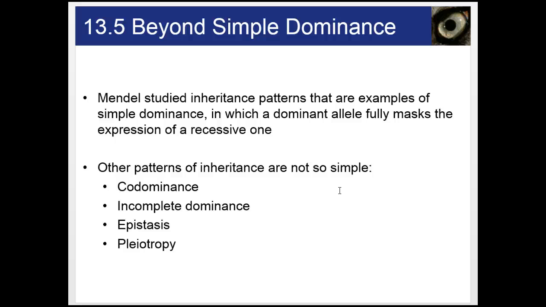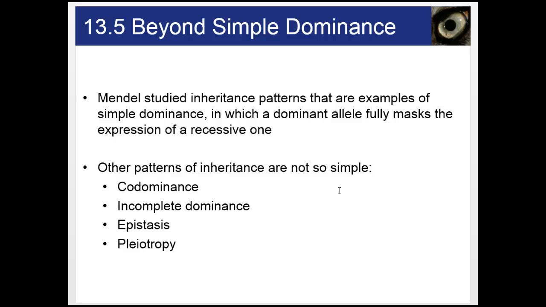So purple is completely dominant over white. It masks the white allele. Or tallness is dominant over shortness. Tallness masks the short allele, the recessive allele.